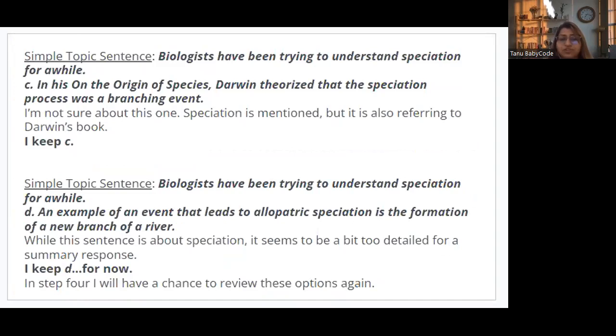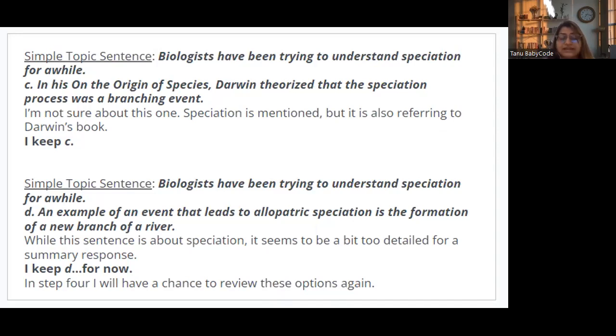Let's see option C. C says, in On the Origin of Species, Darwin theorized that the speciation process was a branching event. Again, I'm not sure, but yes, it's talking about speciation, and it is also referring to Darwin's book. So I'm just keeping C also.